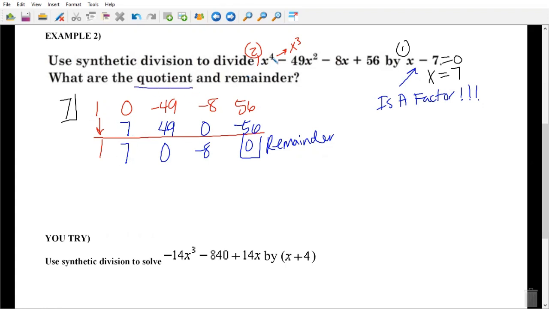So I start off as a 4th degree, so I'm going to end as a 3rd degree. So we have 1x cubed plus 7x squared plus 0x minus 8. So my quotient is x cubed plus 7x squared minus 8.